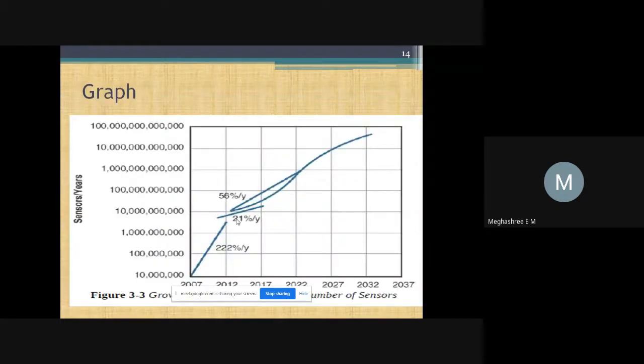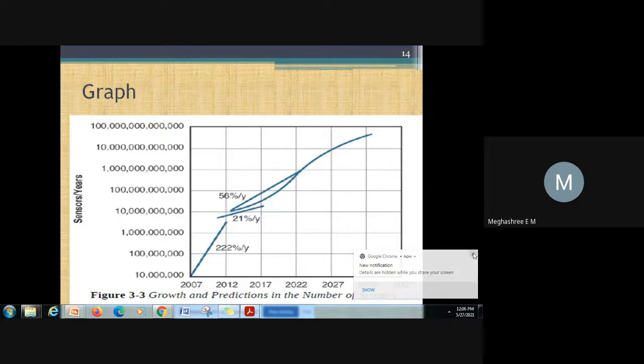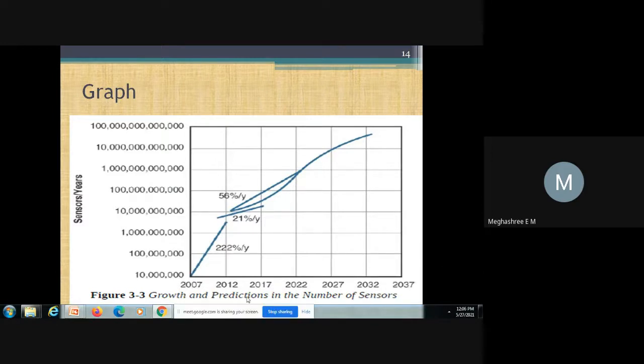And this graph shows, as you can see here, the growth and the prediction in the number of sensors. So usage of sensors per year is represented here. In 2007, the count is around 1 crore, right?